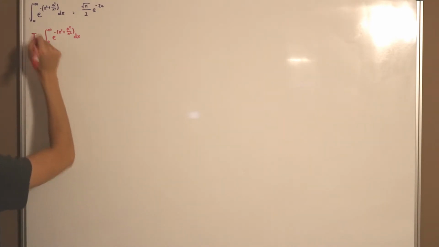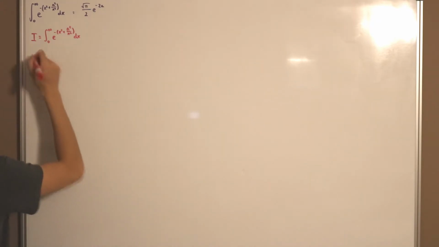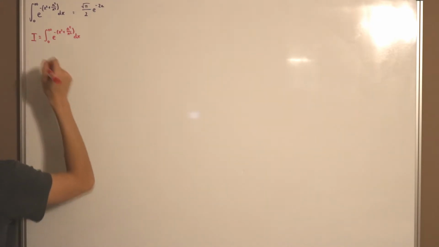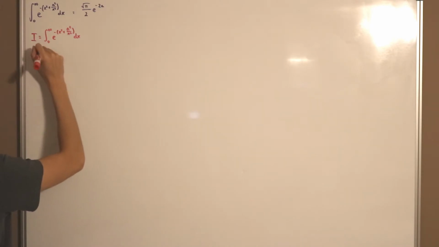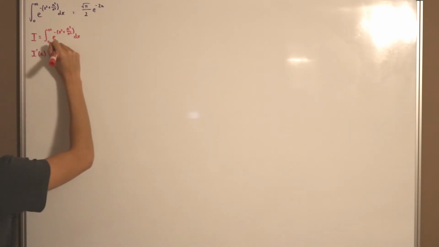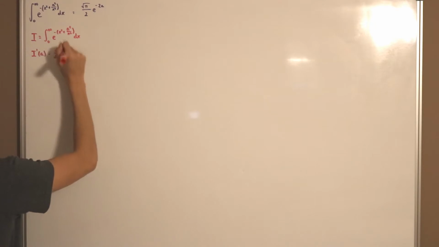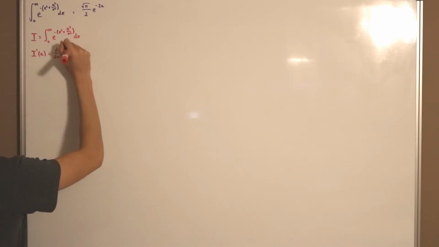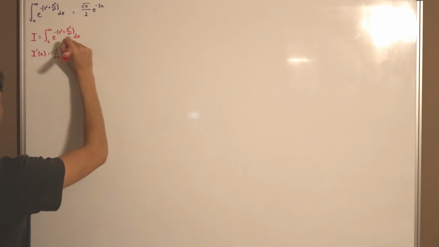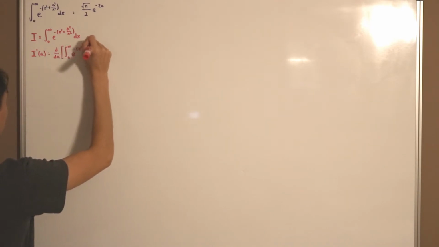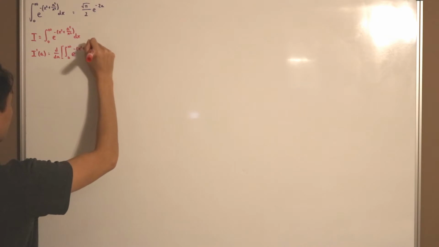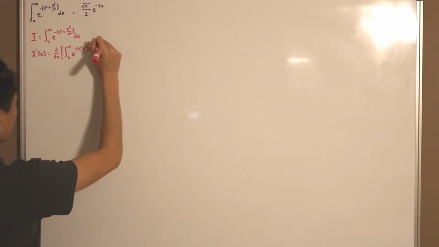So we can define I as a function of a, and the derivative I prime of a is equal to d over dA of this integral here, e to the negative (x squared plus a squared divided by x squared) dx.